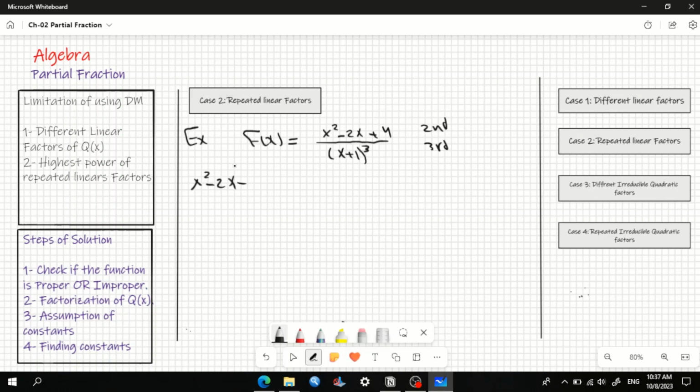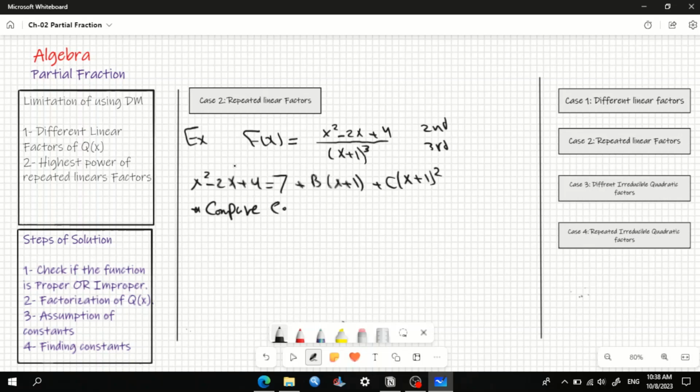We obtain x squared minus 2x plus 4 equal to 7, plus b into x plus 1, plus c times x plus 1 squared. Okay, now compare, starting from the highest power here or here.